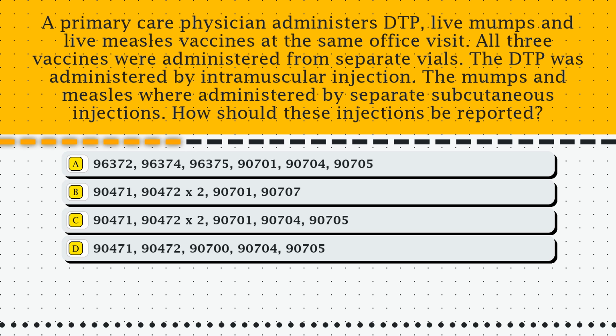Option C, 90,471, 90,472 x2, 90,701, 90,704, 90,705. Option D, 90,471, 90,472, 90,700, 90,704, 90,705.